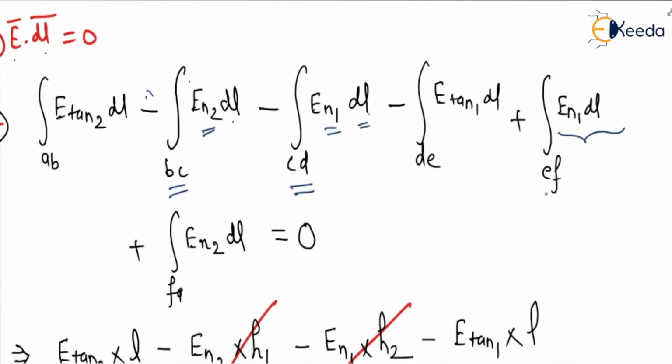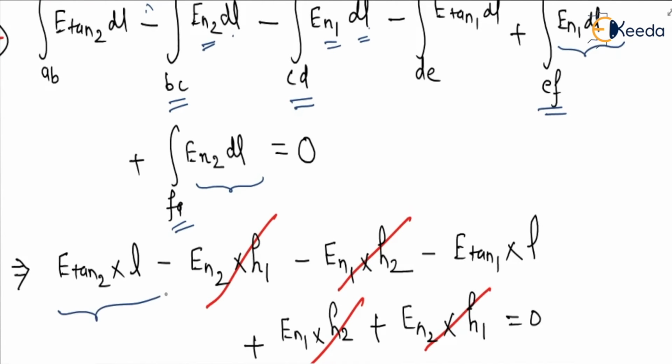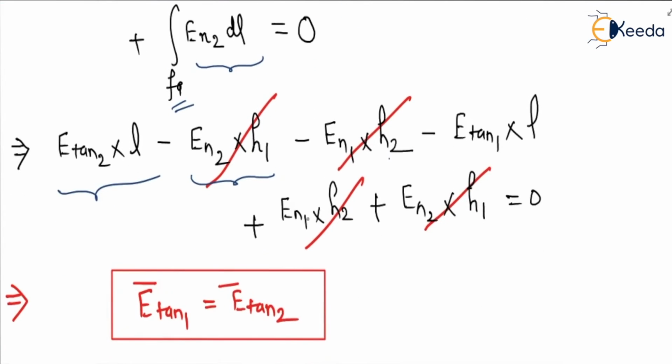Then En1 dl and plus En2 dl. This is the EF path and this is your FA path. So En2 into L minus En2 into H1, because L is the total length of the AB path and the total length of the BC path is H1, minus En1 into H2, minus Et1 into L complete length, and En1 into H2 plus En2 into H1, and this term will cancel, and this term will cancel.